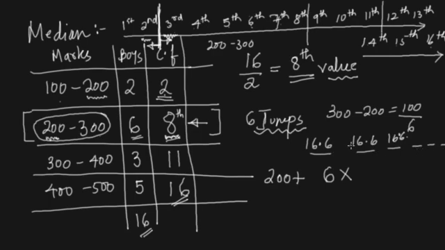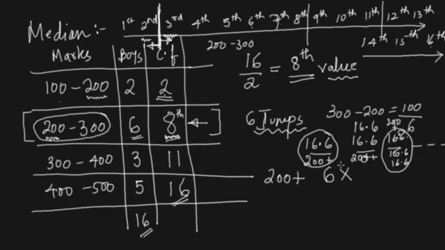Now, how are we going to get this 16.6? The first girl gets 200 plus 16.6. The second girl gets 200 plus 16.6 plus 16.6, right? Because you have to add what the earlier girl had and add on top of it. Now, the third girl will get 16.6 3 times plus 200, right?